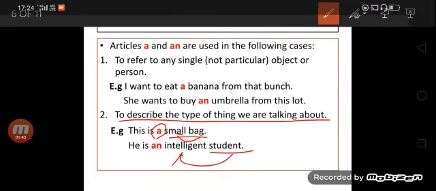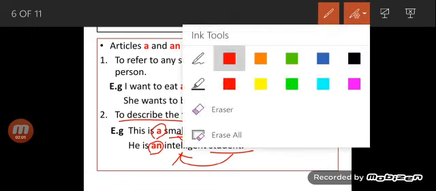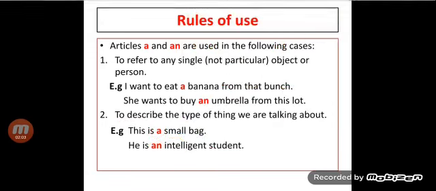Student is described as intelligent, and before that we have used article an, because intelligent begins with a vowel sound. So in order to describe the type of thing we are talking about, we use articles a and an.